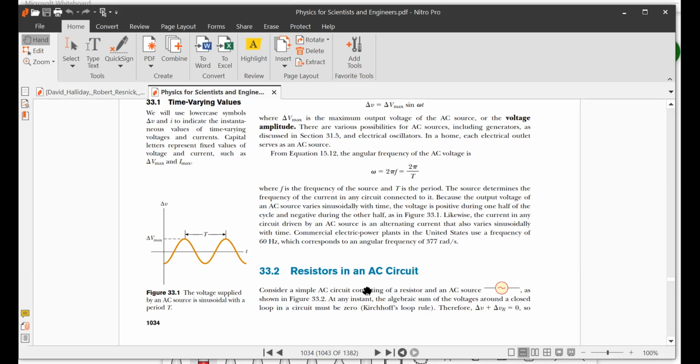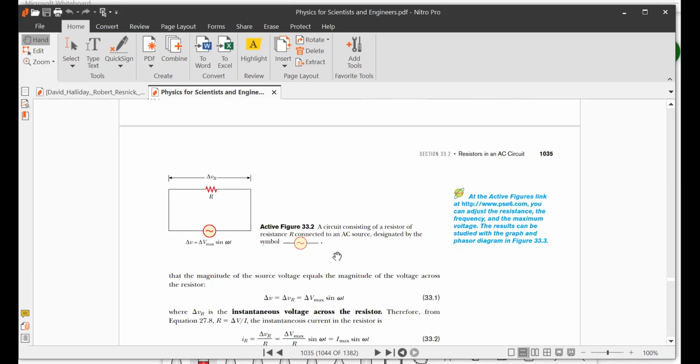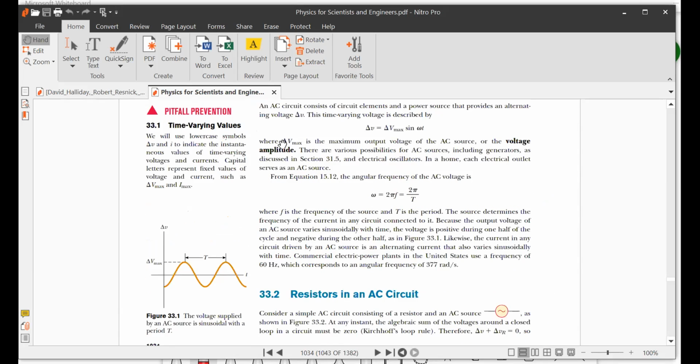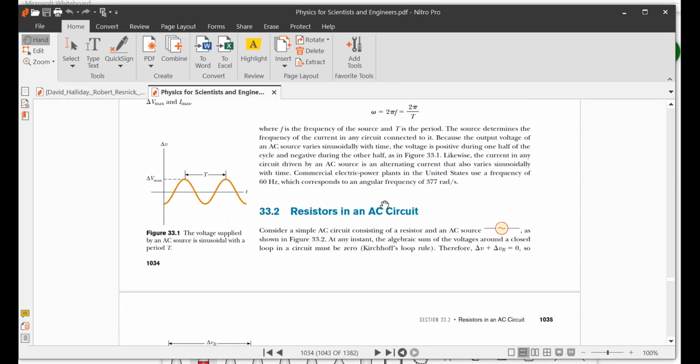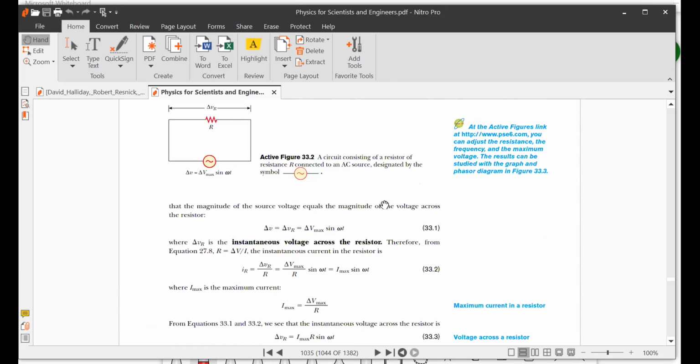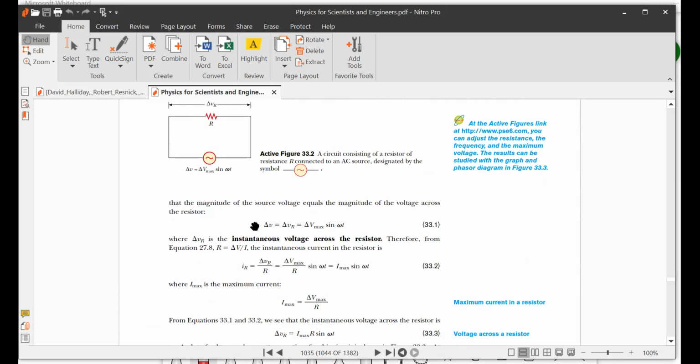Okay, let's say we connect this AC source with the resistor, like this. As you see, if the form of the voltage is sin omega t, where omega is a constant, the angular frequency, we get that the potential difference of the resistor, this delta VR, is equal to delta Vmax sin omega t.